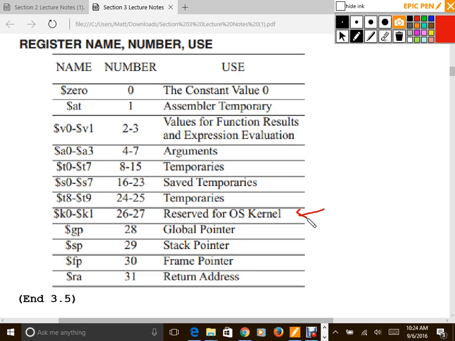What happens when your data path produces a result that cannot be represented by the 32-bit architecture? You have some sort of overflow or an exception, meaning that, let's say, it actually produces the wrong result. Or let's say your compiler generates an instruction with an opcode that doesn't exist for some reason.